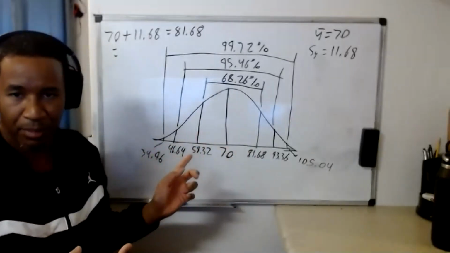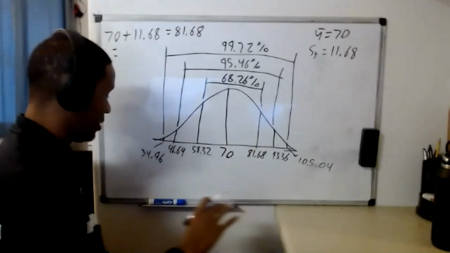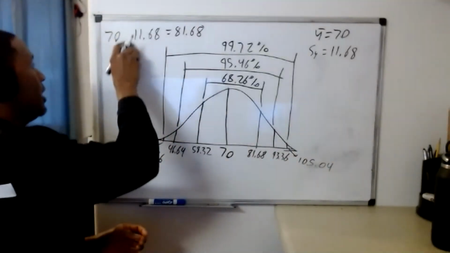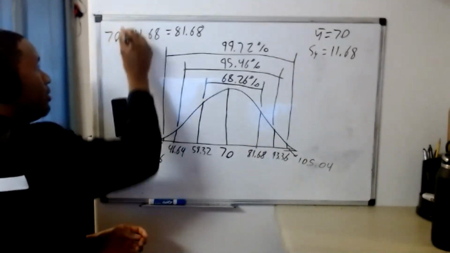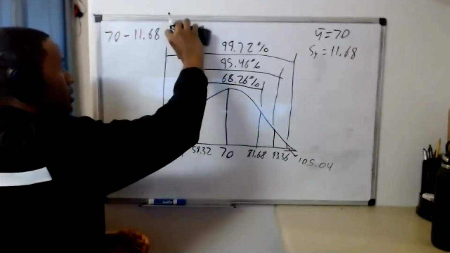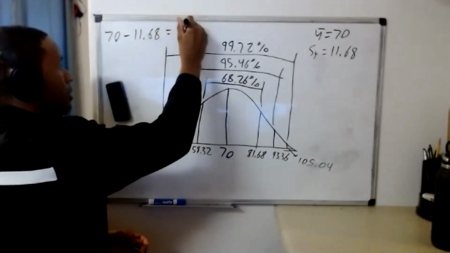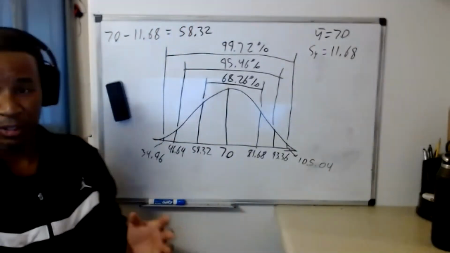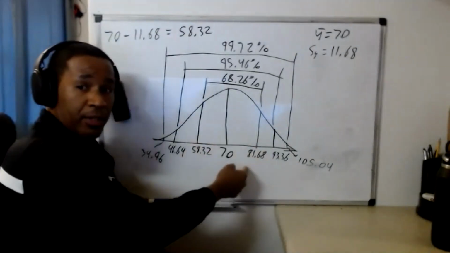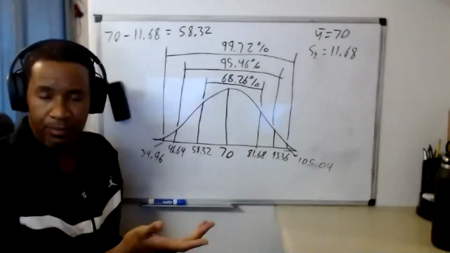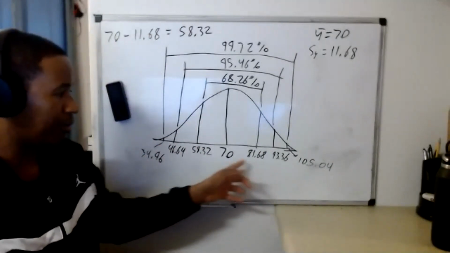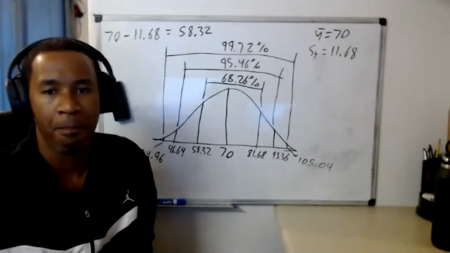One standard deviation below the mean is 11.68 subtracted from 70. So 70 minus 11.68 gives me 58.32. So this is one standard deviation above, one standard deviation below. Hopefully that makes sense to people how we got 81.68 and 58.32.